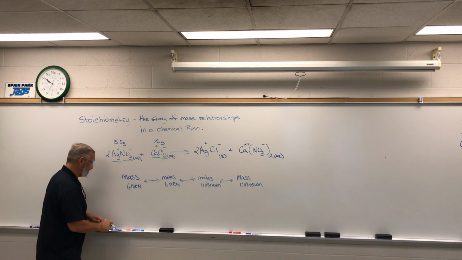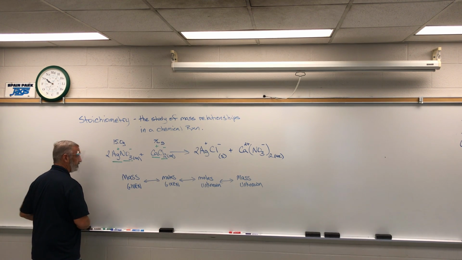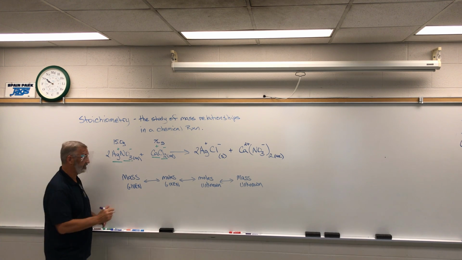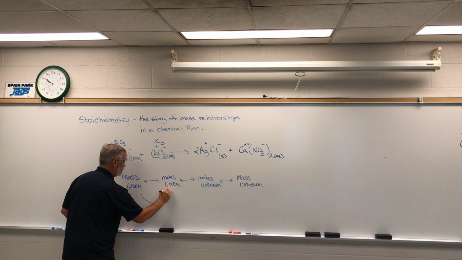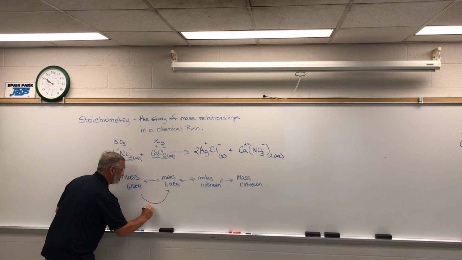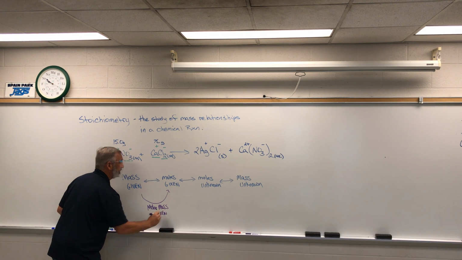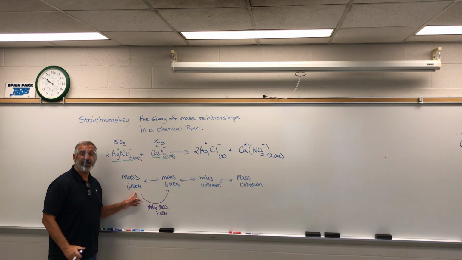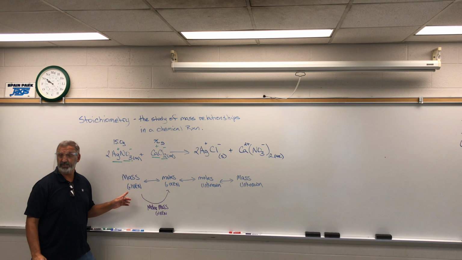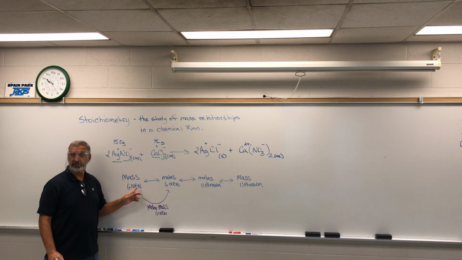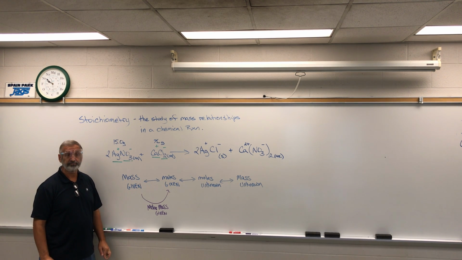So how do we convert grams to moles? What do we use? What's the conversion factor? The molar mass of the given. Okay? So we're going to use the molar mass of the given, which we've already done a couple of problems with, changing grams to moles.